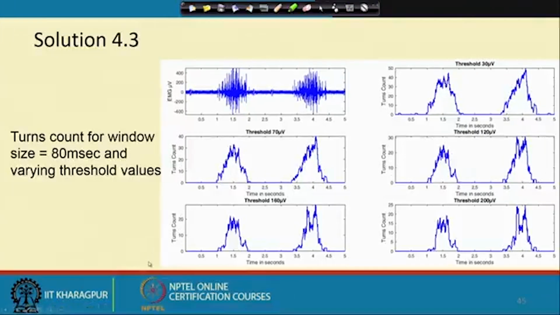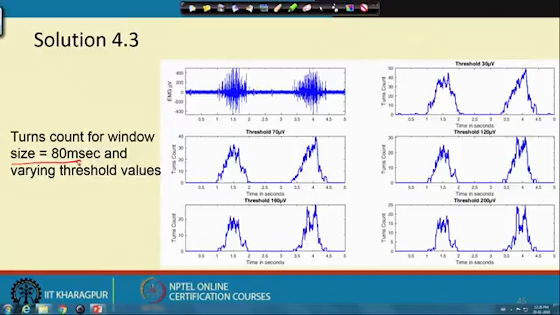Okay. So, next what we do, we keep the threshold the same, but the time window for calculation of the turns count is changed.